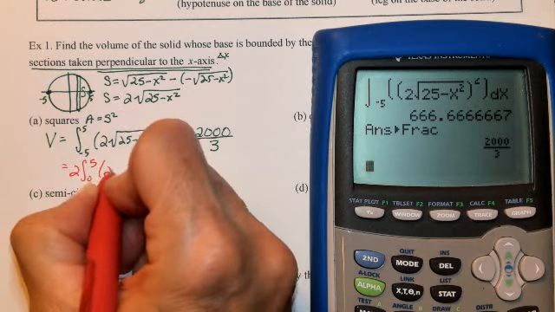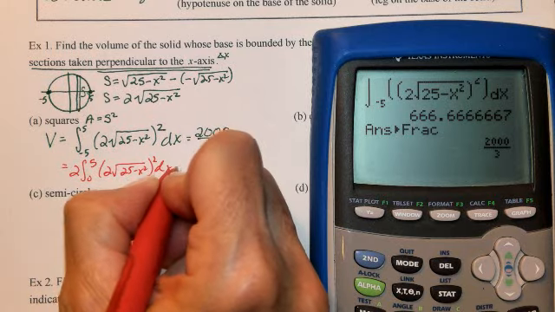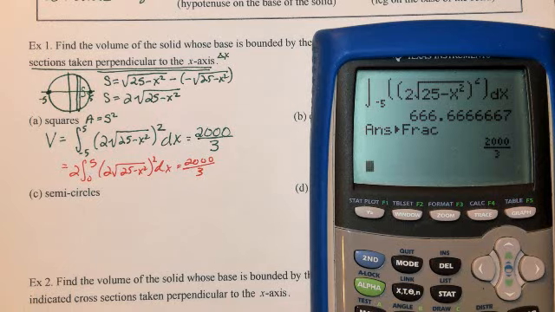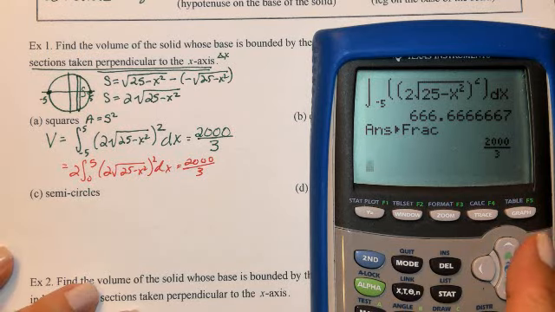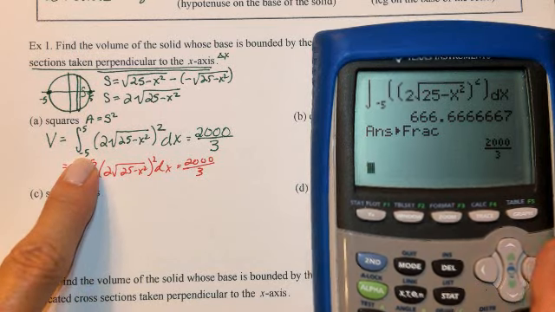That would have given us the same thing. So in some of these, we do have some symmetry, so you can play around with the integral a little bit. It doesn't really matter, since we're putting it into our calculator anyway. But if I was doing this by hand, I might want to deal with a 0 as a boundary instead of a -5 as a boundary.